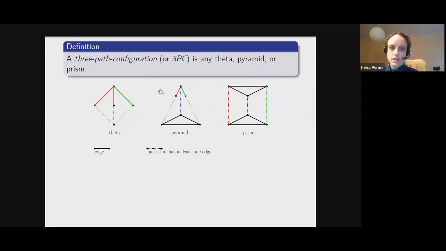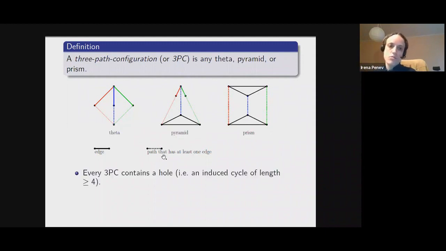And that happens in all 3 of these graphs. Why are they called 3-path configurations? Because you have either a vertex and a vertex, or a vertex plus a triangle, or a triangle plus a triangle, and then you have 3 paths between those. So that's what happens in each of these 3 cases. Those are our 3-path configurations.